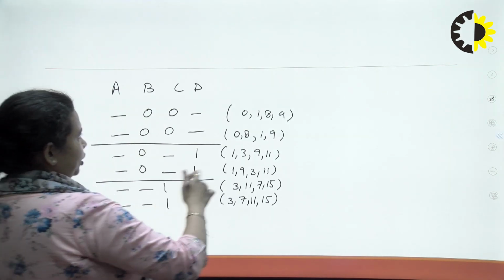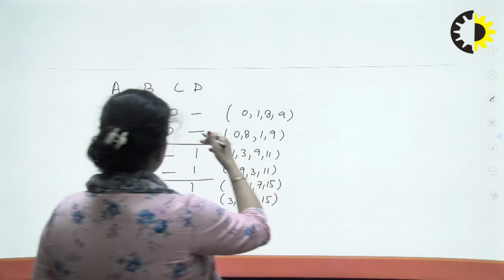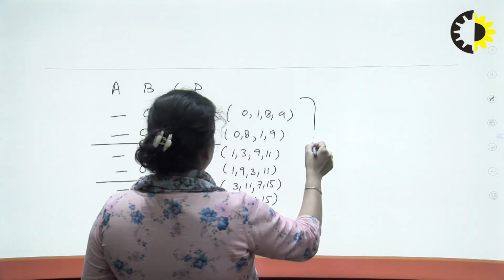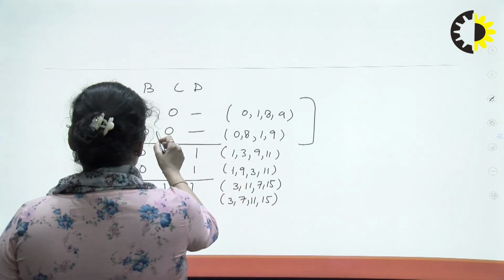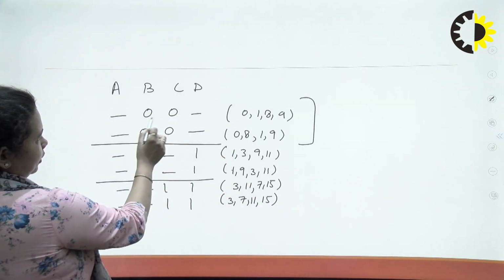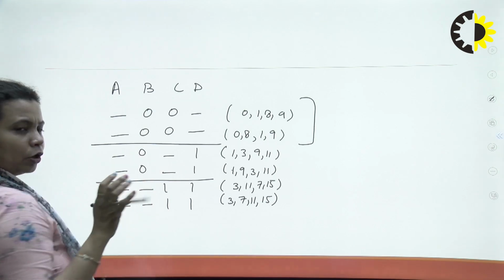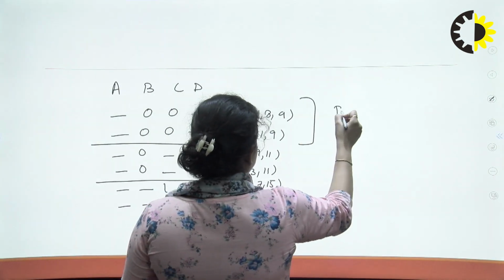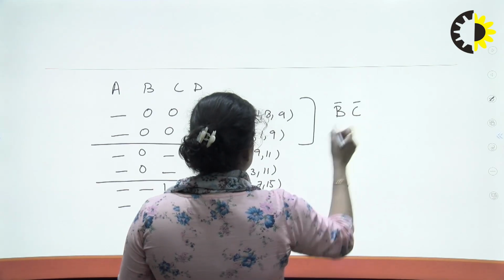So this will contribute to the answer because we can't compare it more now. So the answer will be from this particular group. You will write 0 0 here, and dash does not contribute to the answer, right? So for 0 0 you will be writing B dash C dash.